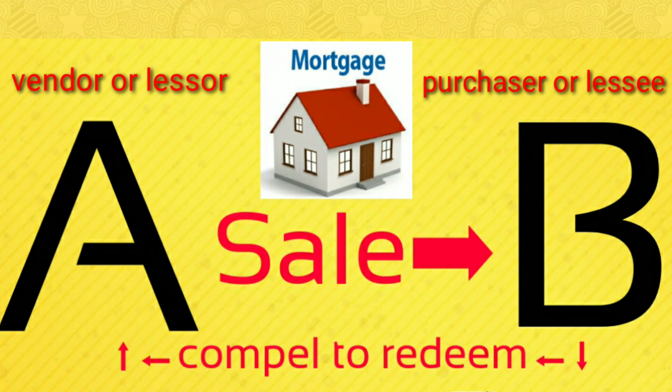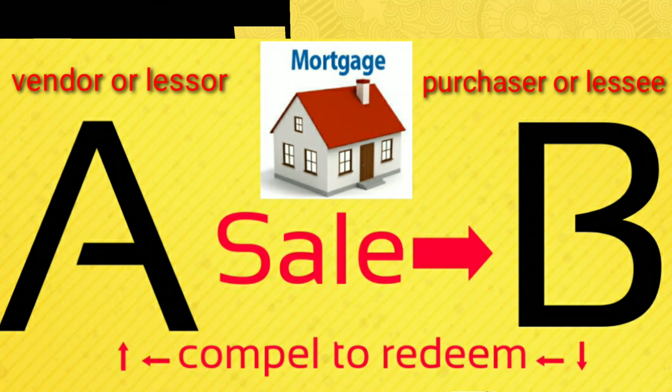And where necessary, the purchaser can also ask for the conveyance. Conveyance means transfer. That means if the property is under the possession of the mortgagee, the purchaser can ask the vendor that he will also give the possession of such property from the mortgagee to the purchaser. So this is all about section 13 subsection 1 clause C.